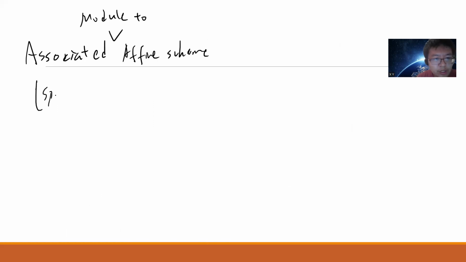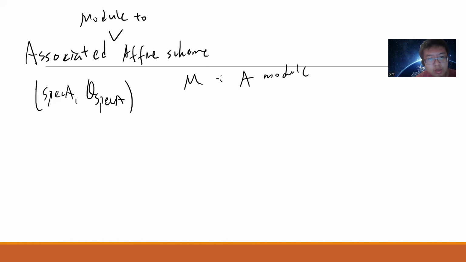We start from Spec A and its structure sheaf O of Spec A, and let's say M is a module. In order to give a sheaf, we need to specify the stalks.